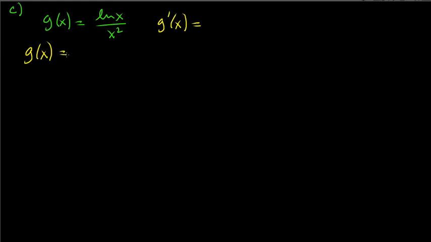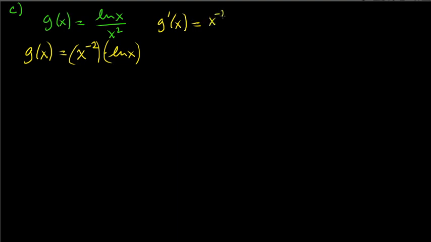And then part C is log x over x squared. Again, find the derivative, g prime of x. So it's a quotient, so maybe the quotient rule. On the other hand, this I think might be better for a product rule if it's x to the negative 2 times log x. I think I prefer that in this case.